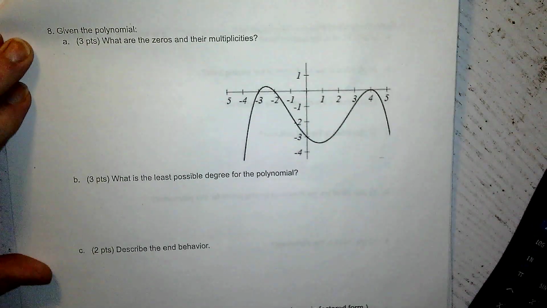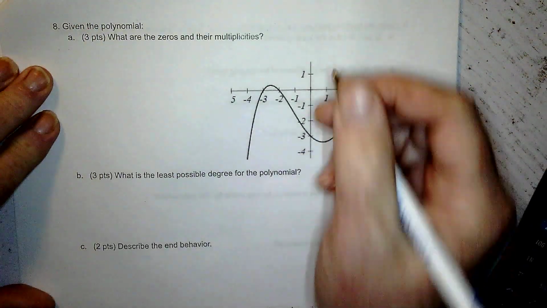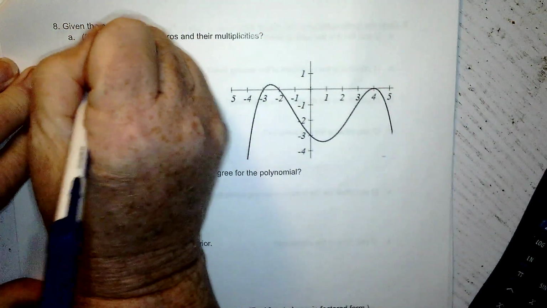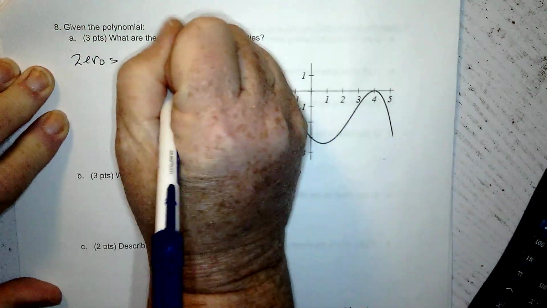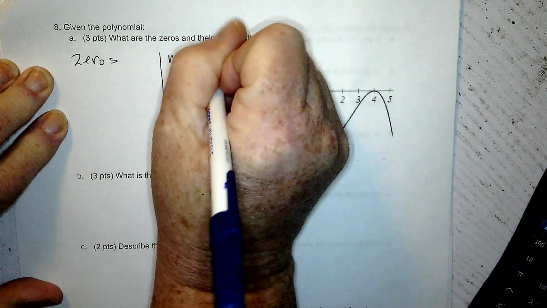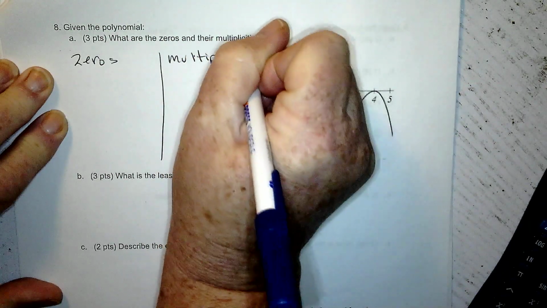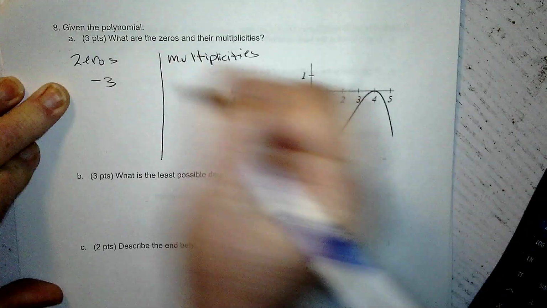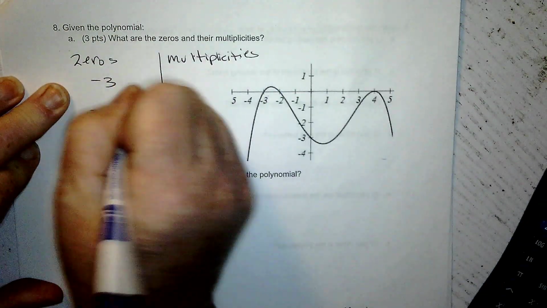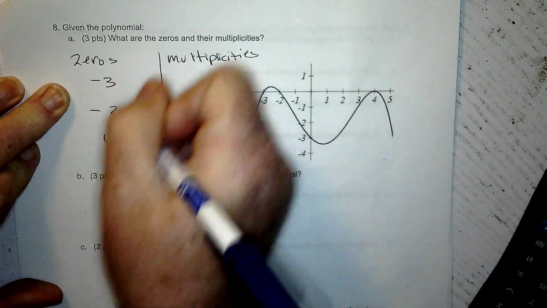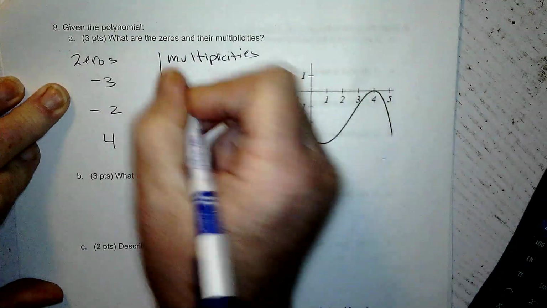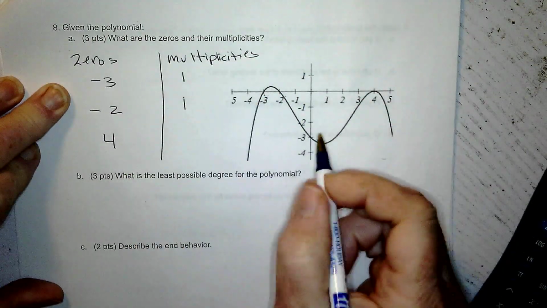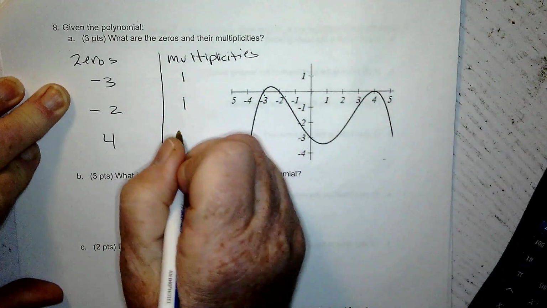Oh, fantastic. What are the zeros and their multiplicities? So our zeros are -3, -2, and 4. -3 and -2 look like their multiplicities are 1, and at 4 looks like a 2.